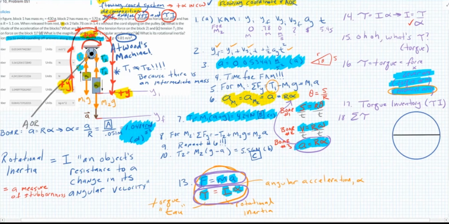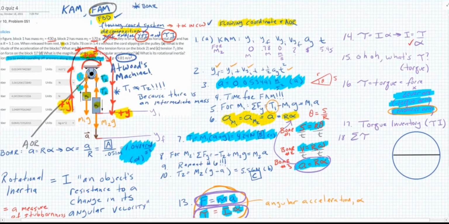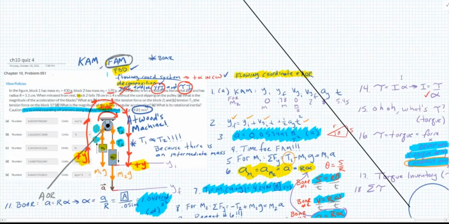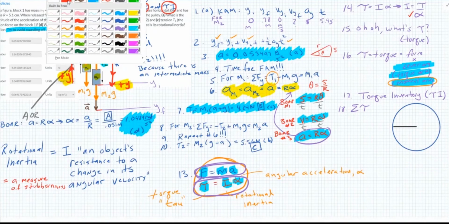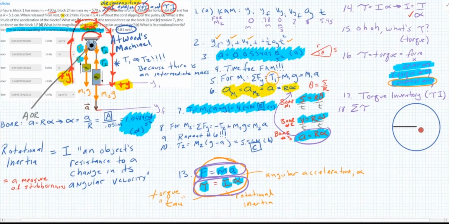Wait a minute, I'm having tech issues. Let me restart again. All right, this is my AOR right there. Let's label that AOR, axis of rotation, the point about which this pulley is spinning. This is R for the pulley radius.